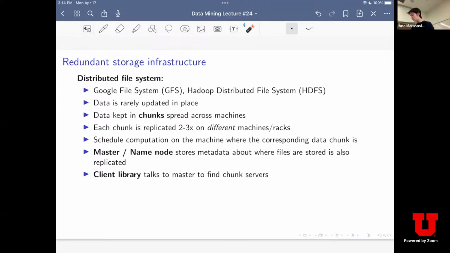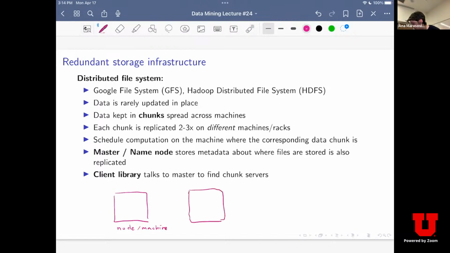I will use the words node and machine interchangeably. And you have here some nodes: 1, 2, up to n of them.